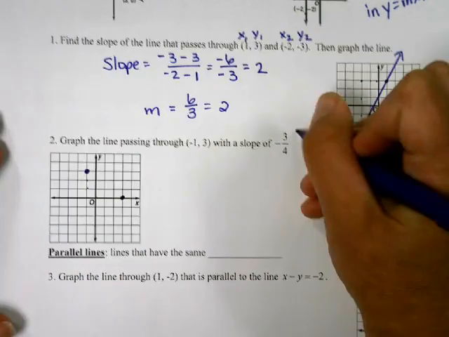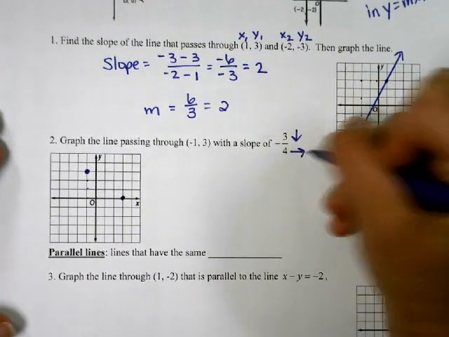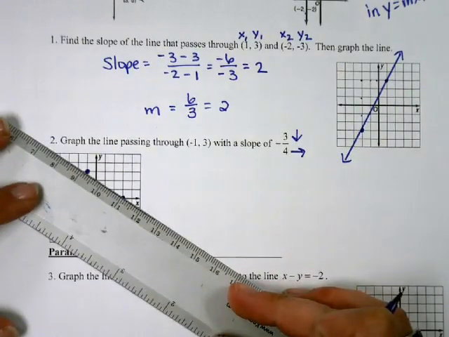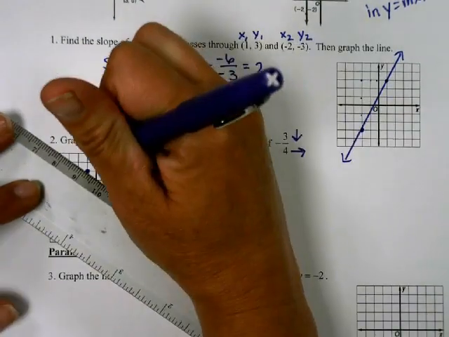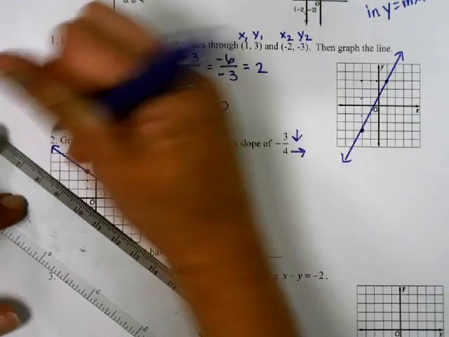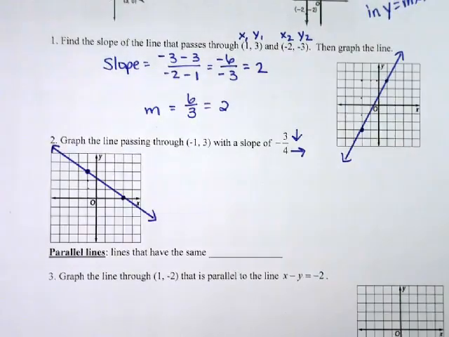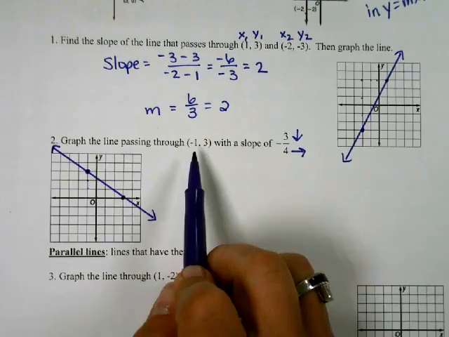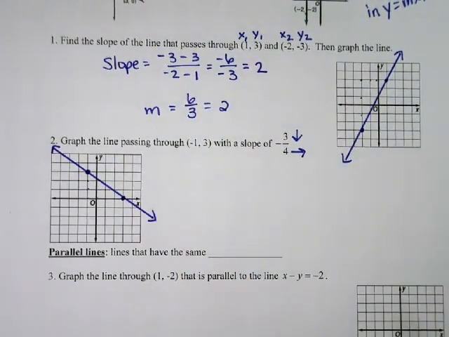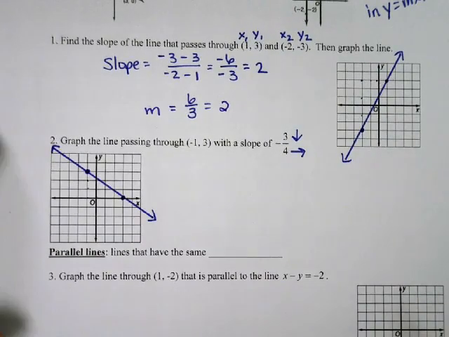Right 4, down 3, right 4, and connect my dots, because those are not the only 2 points on that line. Give it some arrows, and there's my graph going through the point (-1, 3) with a slope of -3/4.